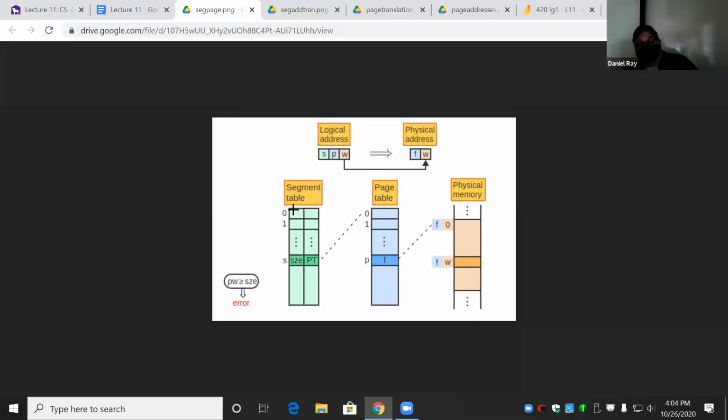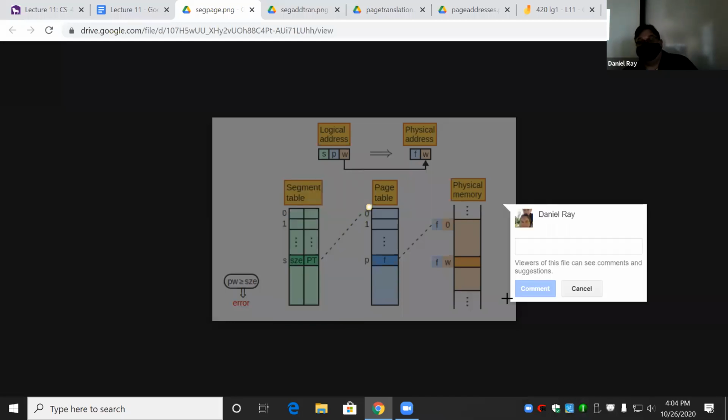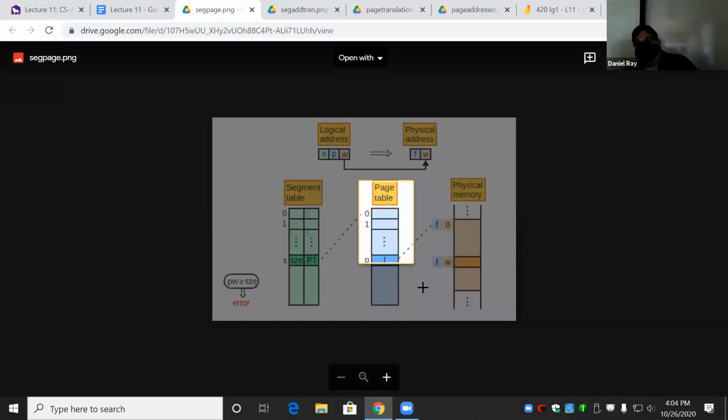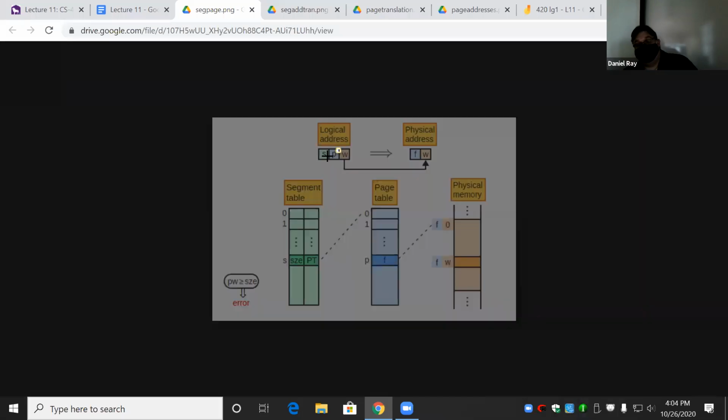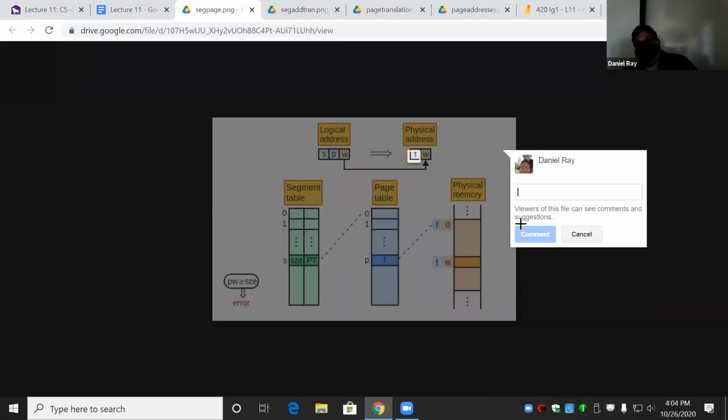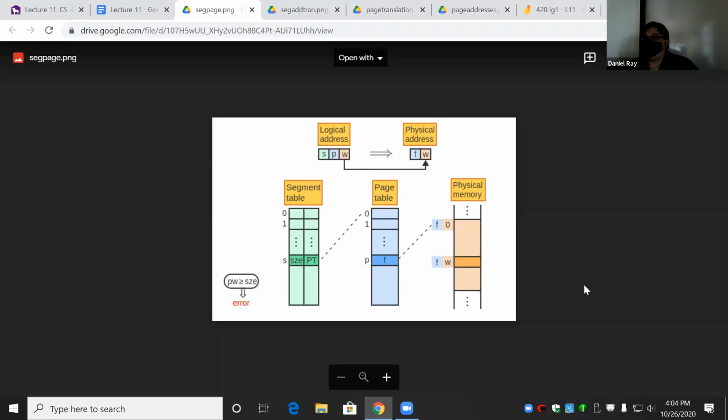In which case, I then have to look up the segment table, and then I have to look up the page table, and then I can look up physical memory. But before I access physical memory, I need to put your new SP and F combination into that buffer, which means I need to remove or overwrite some other SP and F combination that was in the buffer. Which one should I overwrite?